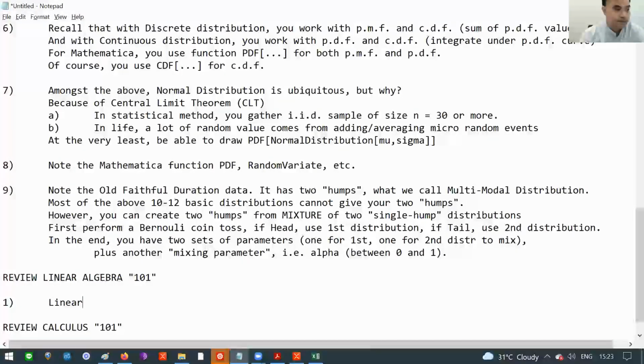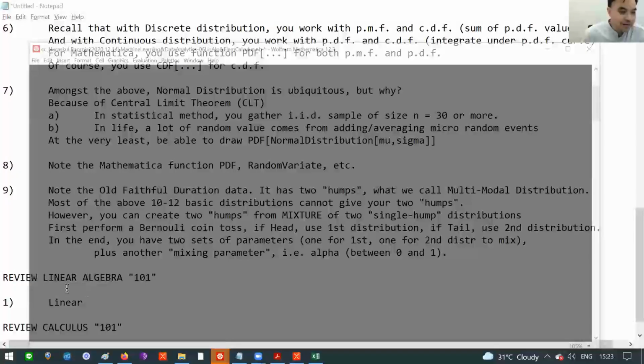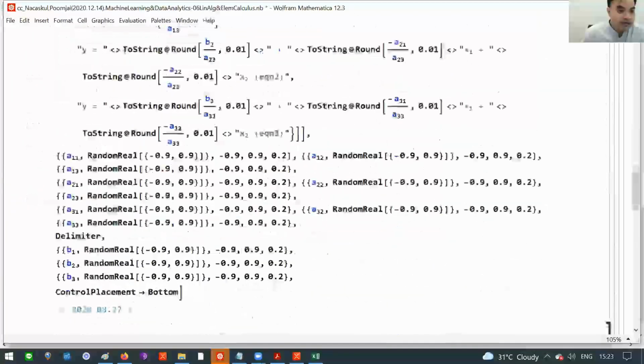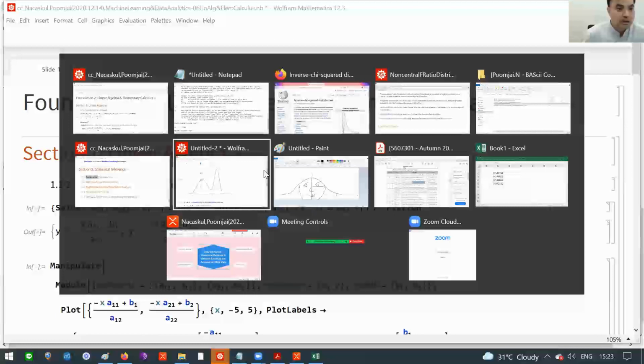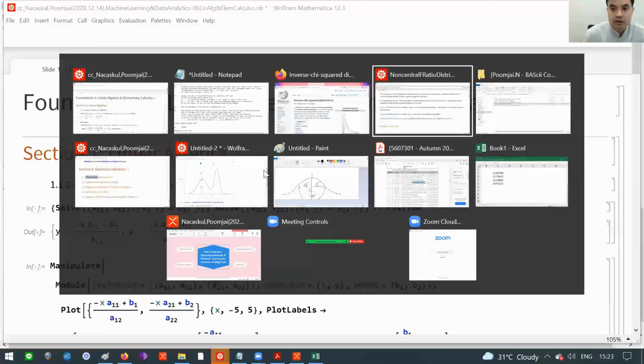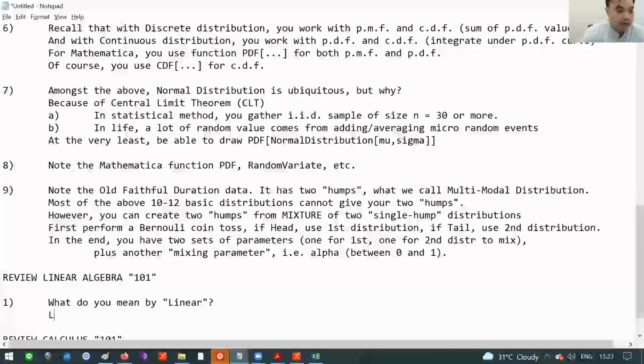Well, if you look at here, this is something you don't understand at first, right? Linear comes from the word line. What do you mean by linear? Well, linear comes from the word line.